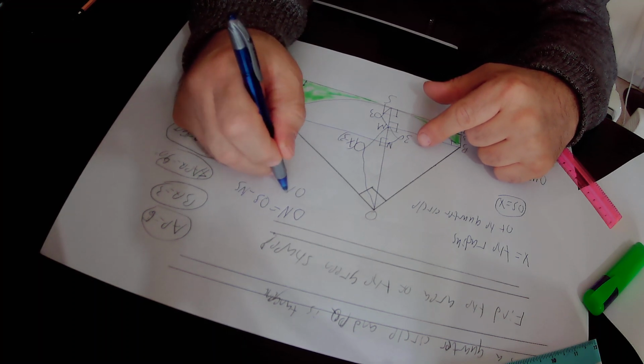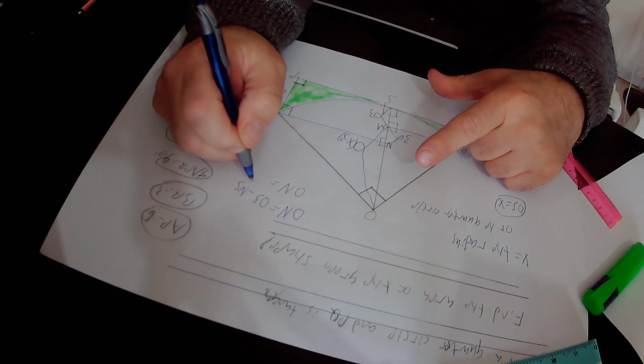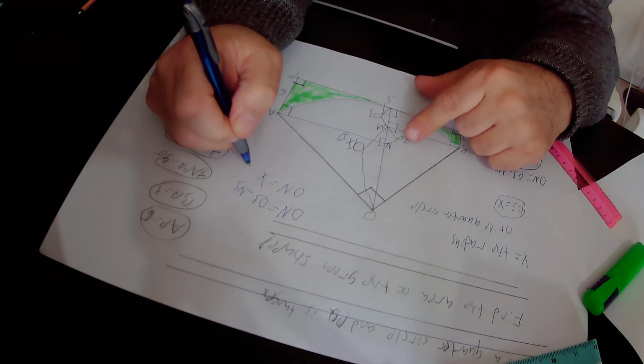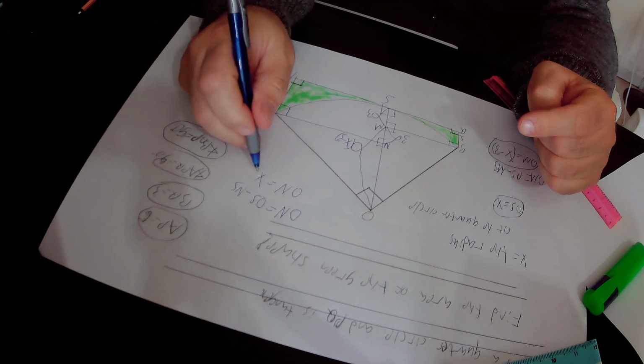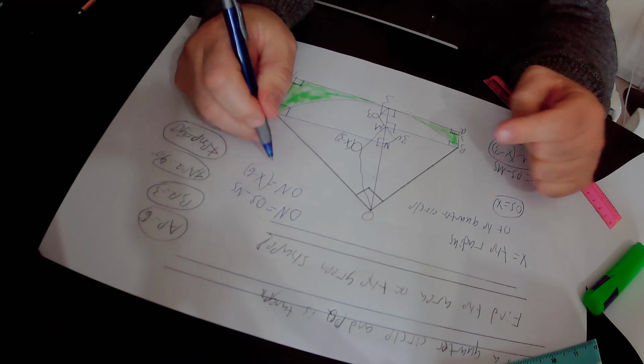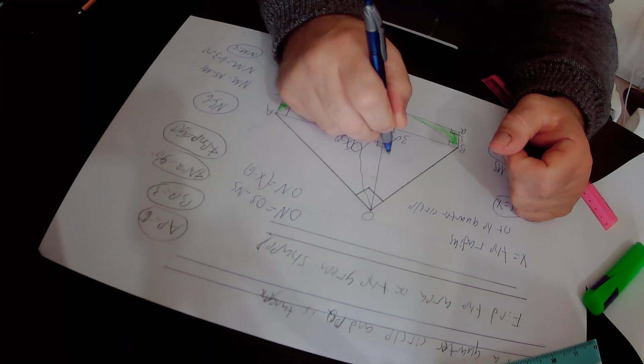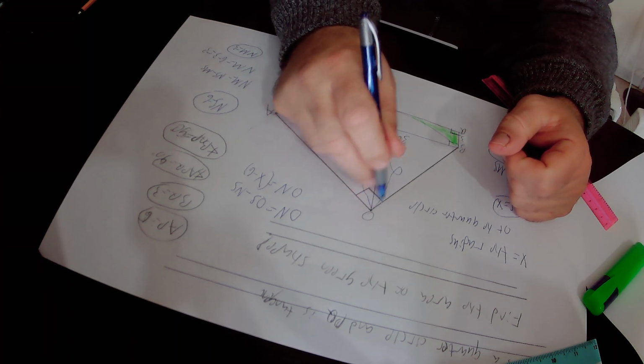That is to say, ON equals OS, that is the radius of the quarter circle, that is x, minus NS, that is 6. So in conclusion, we found out that ON equals x minus 6 units in its length.